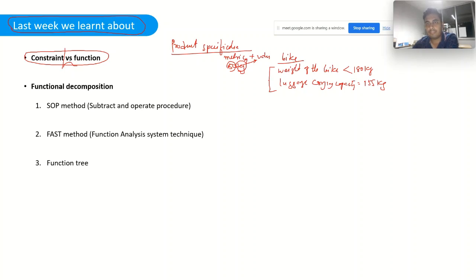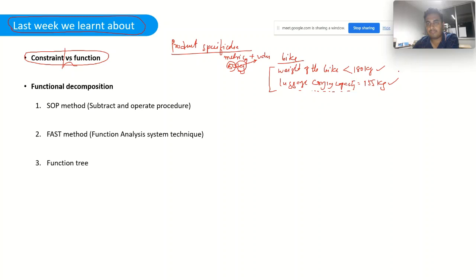Weight of the bike less than 180 kg is a constraint under which we have to design the bike, and luggage carrying capacity equals 155 kg is a function that we have to maintain. At least it should be able to sustain this much luggage. Why do we define this one as a constraint and this one as a function?